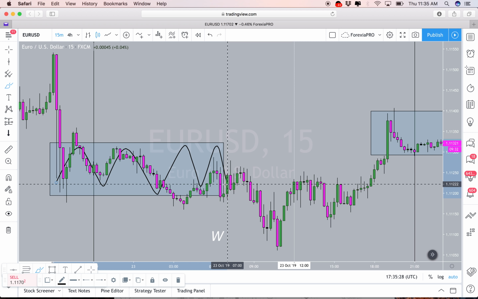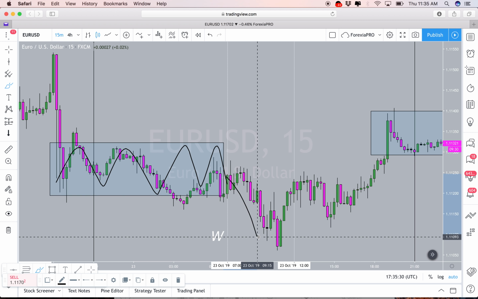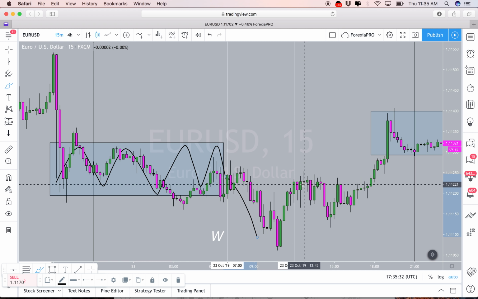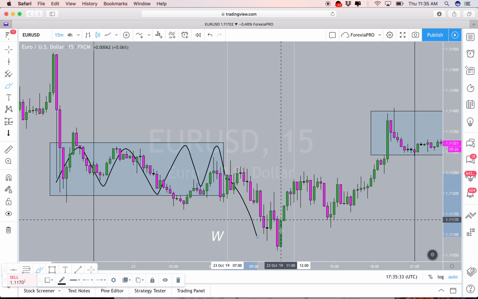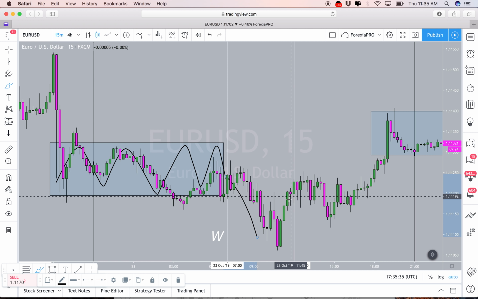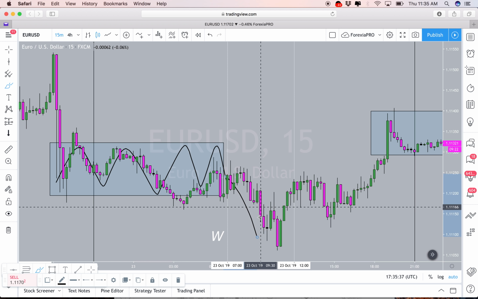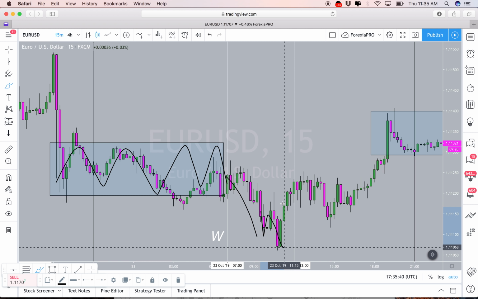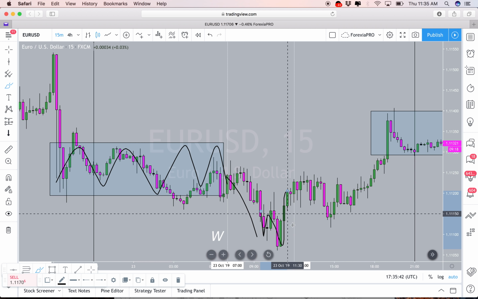You wait: London session breakout, New York session. An hour before New York session, 4 candlesticks before, perfect W formation off the low of the day.